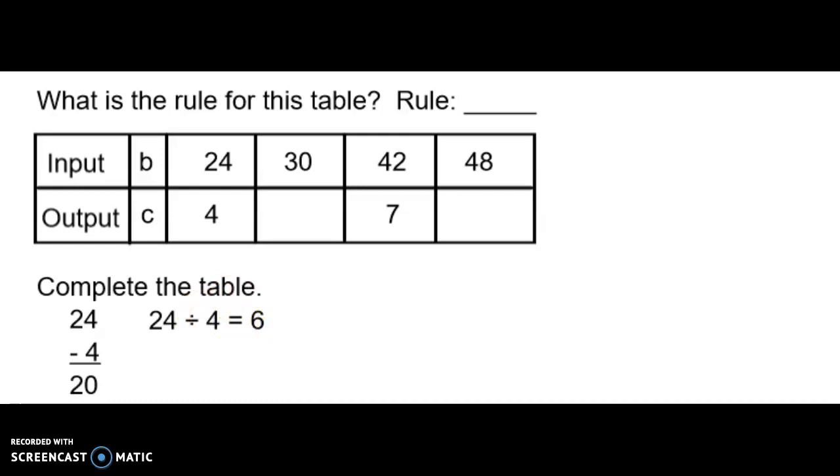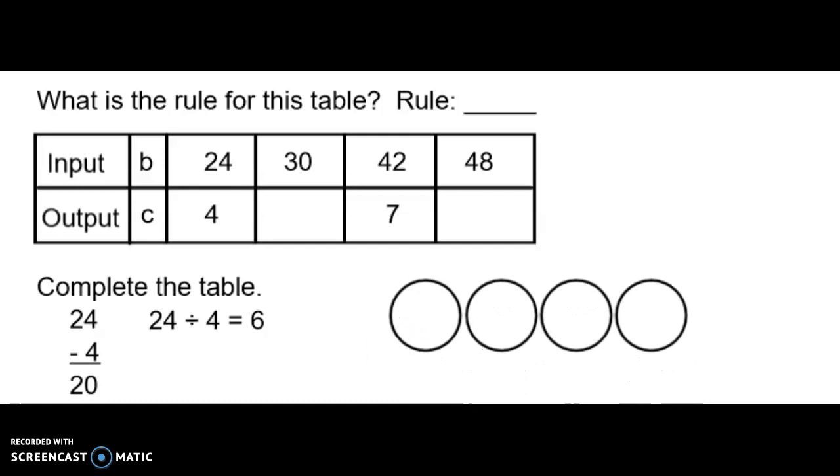If I didn't know my facts, what could I do? Well, I could draw 4 circles, and in each of those 4 circles, if you remember from 3rd grade, what you were probably taught was to go 1, 2, 3, 4, 5, 6, 7, 8, and so on until you've used all 24 tallies and divide them up into your 4 circles, which when you finish would give you 6 into each circle.